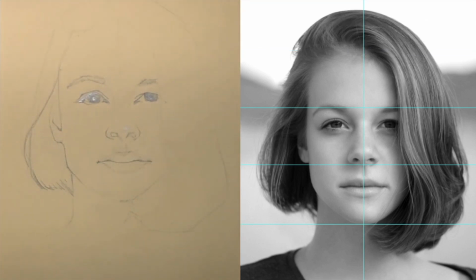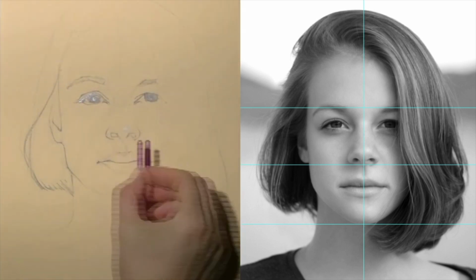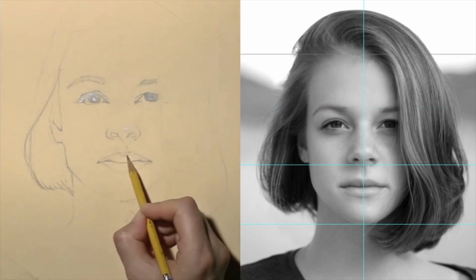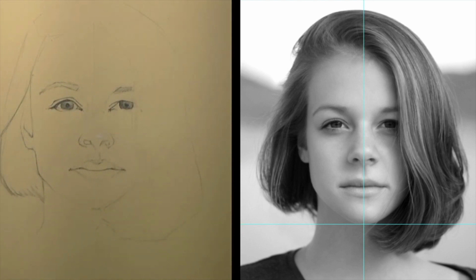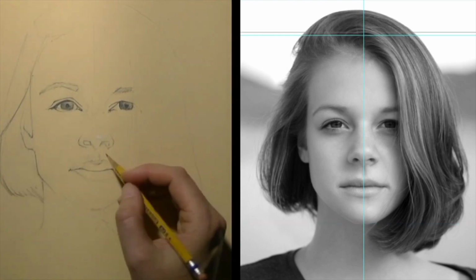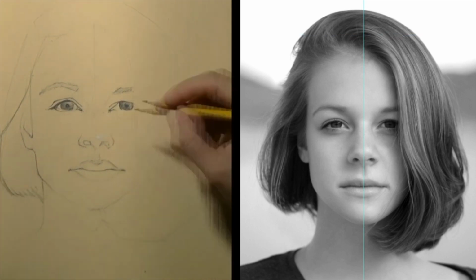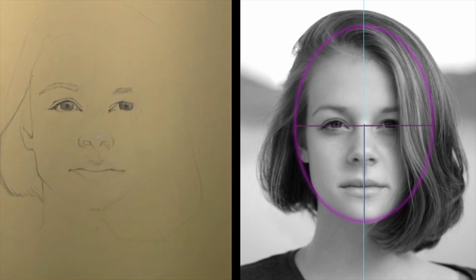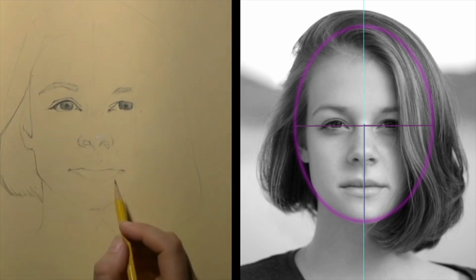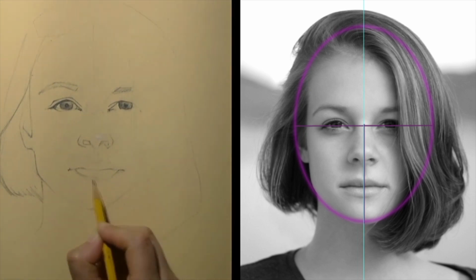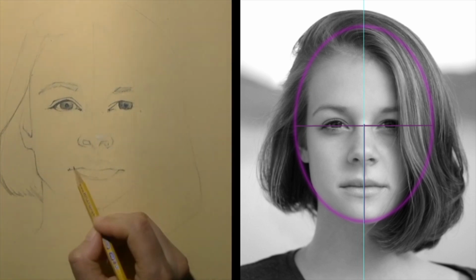Let's talk about eyes. So as you can see, here's the oval, and the face fits in that oval. There's a little space on top.